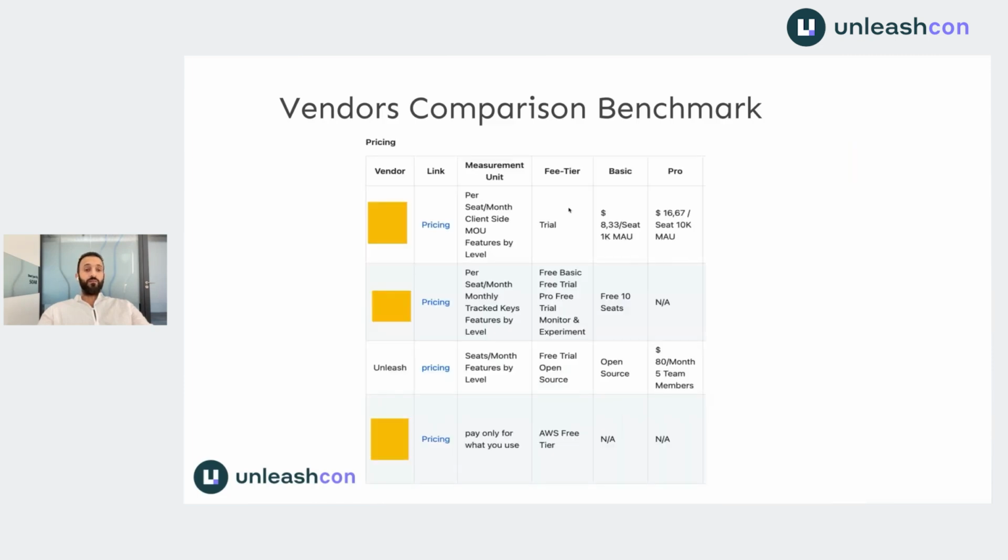Then in the second phase, we took a look at the pricing. I should say that SAP always prefers to start with open source. When we look at the pricing, Unleash stands out with its open source model.